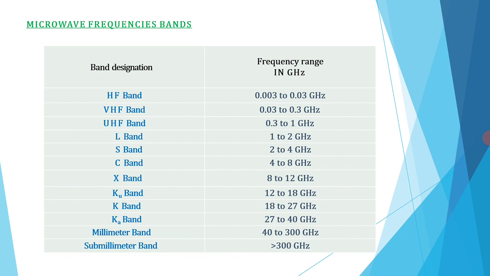We have L, S, C, X, Ku, K and Ka bands, and also millimeter band and sub-millimeter band.